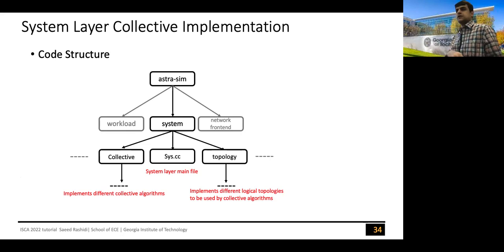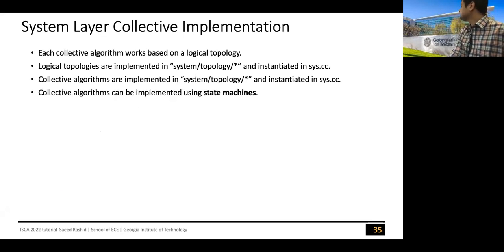So you can have a switch and you still create a logical ring between these NPUs, or you can have any other physical topology. So it is important to separate these two concepts from each other. That's why the collectives work on the logical topology here, and the physical topology is implemented in the network backend, and that is not shown here.